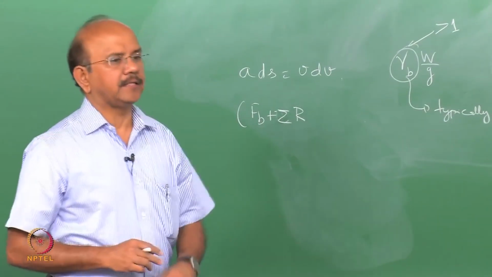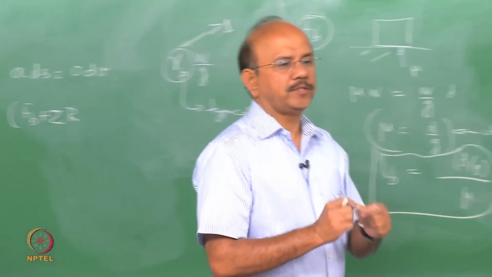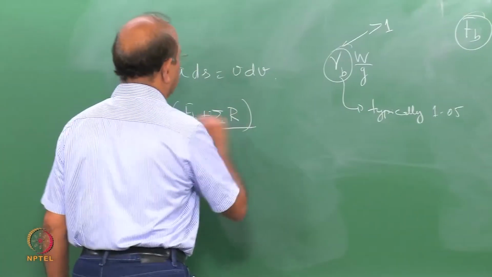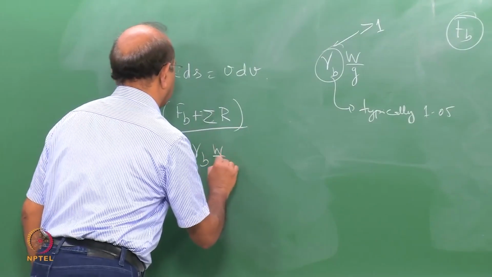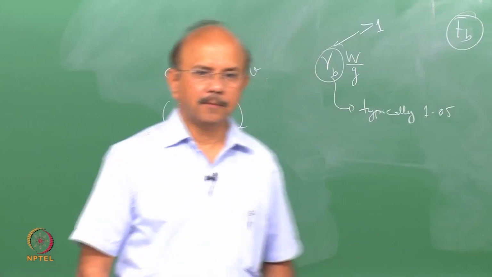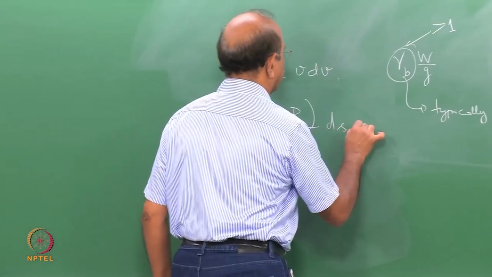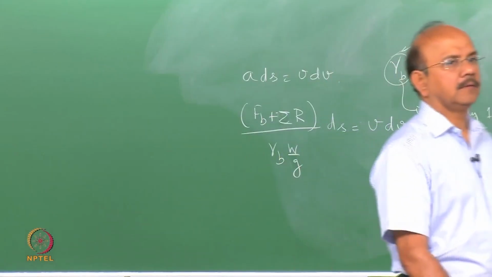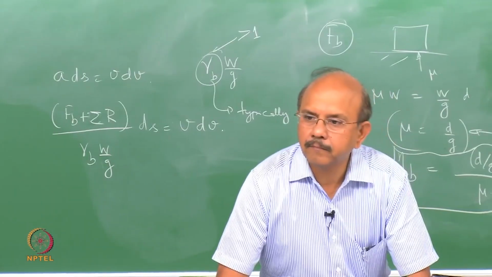So, I am going to put all that as sigma r, we will expand that in a minute because we are going to get an interesting twist to this, and that is A divided by M. M I already said is equal to W by g, okay, gamma B into W by g, and that multiplied by ds is equal to V dV. Clear?